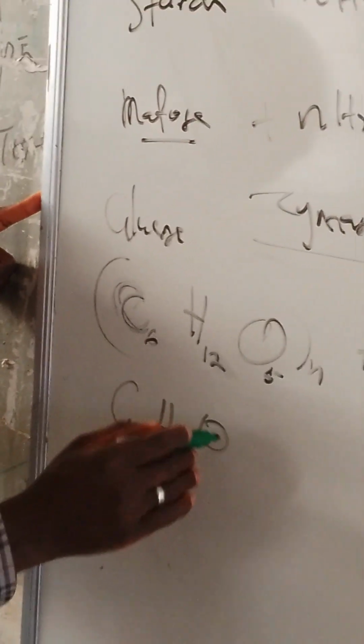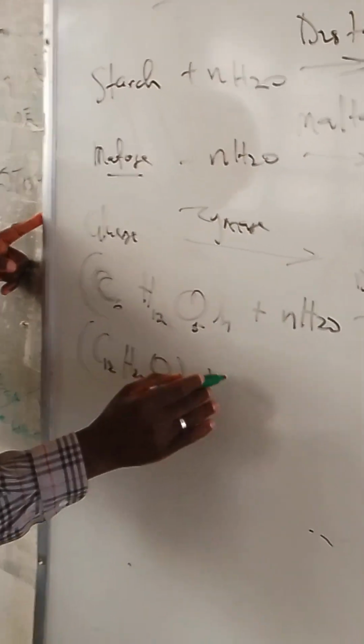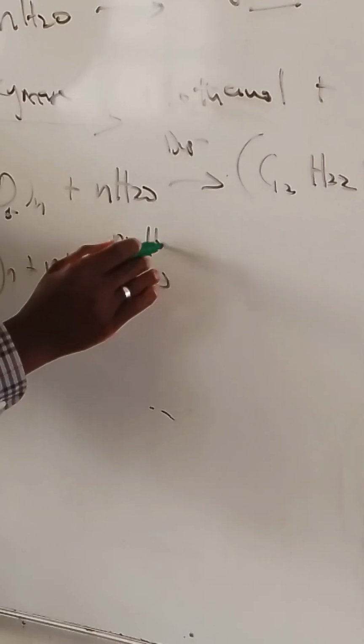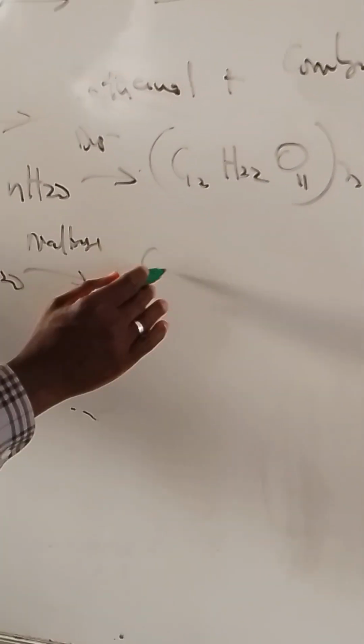You bring the maltose down here, we have C12H22O11 plus water, and the enzyme is called maltase. We are going to have C6H12O6. This is the glucose respectively.